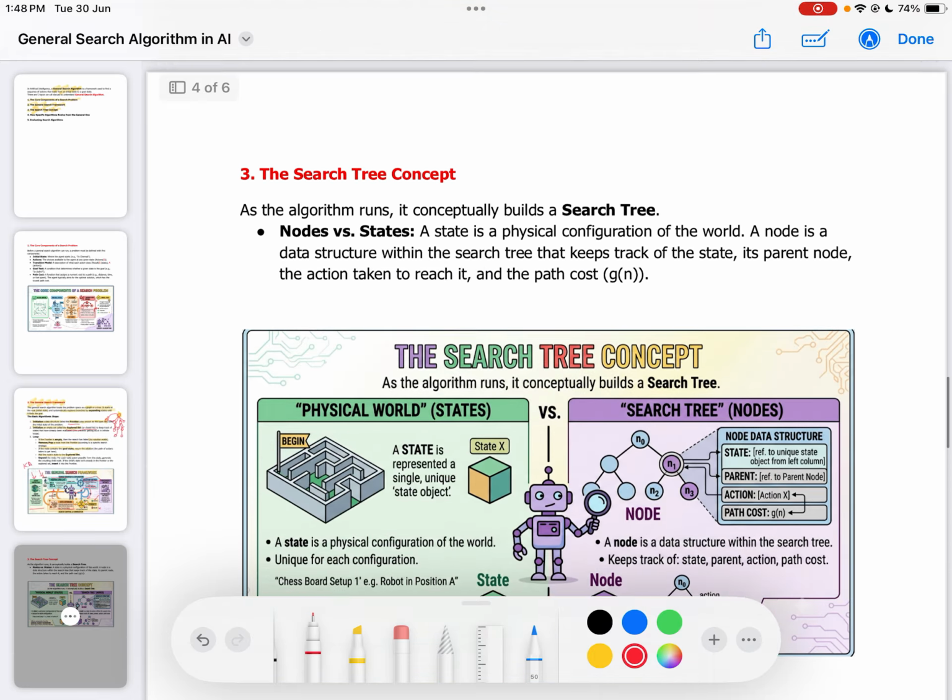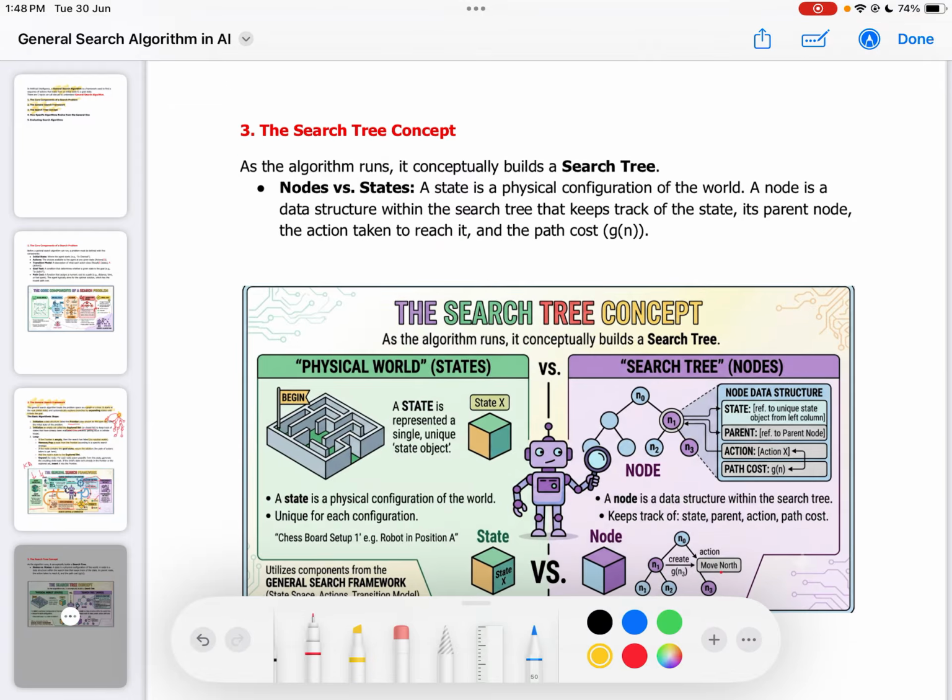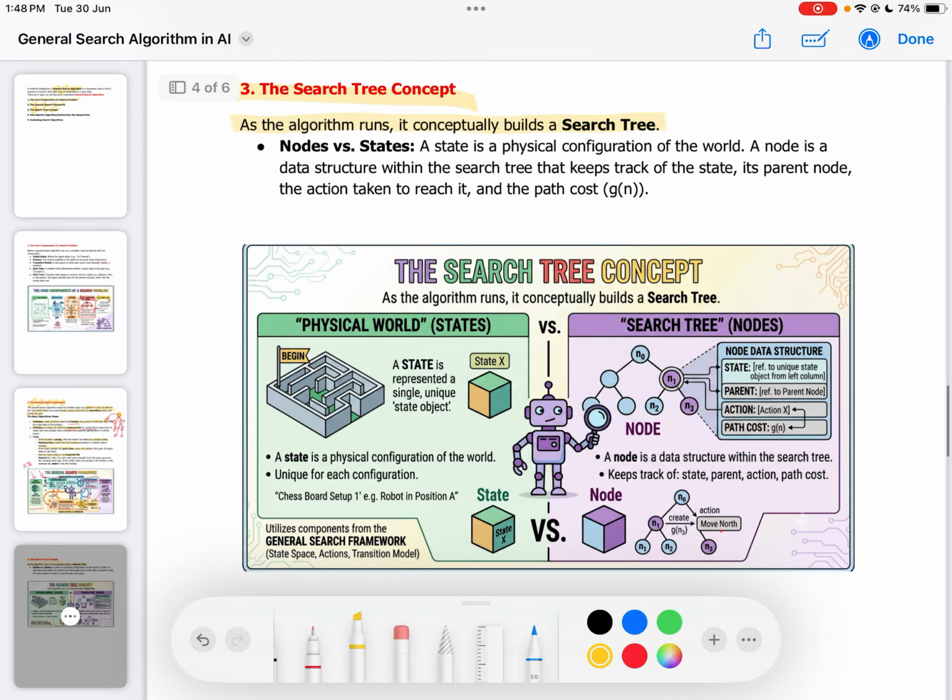Next is the search tree concept. As I said earlier, as the algorithm runs, it converts it to a tree, an inverted tree. That is, there is a root node, and there are branches coming out of it. Okay. Now, what is the difference between node and state?